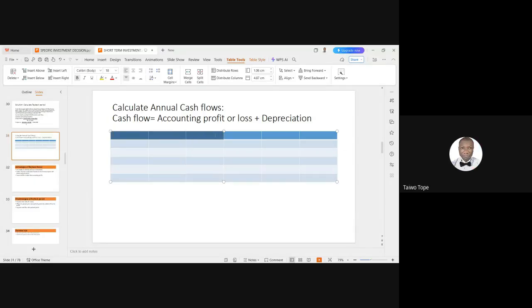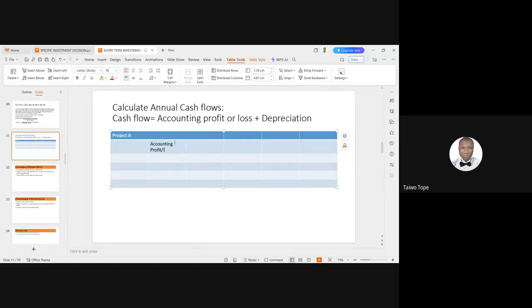So for project A now, we have our accounting profit or loss, here we have our depreciation, and here we have our cash flow.